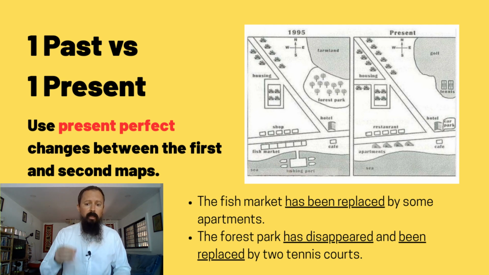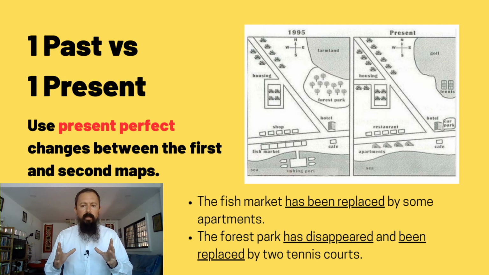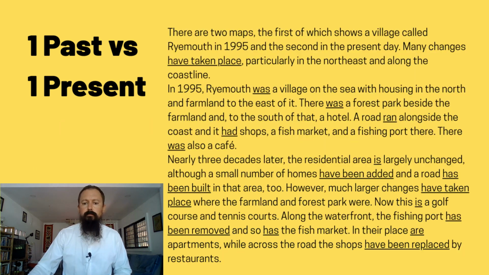So we're essentially saying the forest park has disappeared, the forest park has been replaced by 2 tennis courts. Again, I must stress that when we're talking about IELTS writing task 1, we need to show comparisons, and that's why we don't just talk about the past and just talk about the present. We need to introduce the idea of change and the differences between the past and the present.